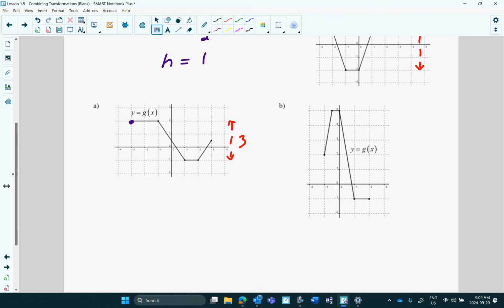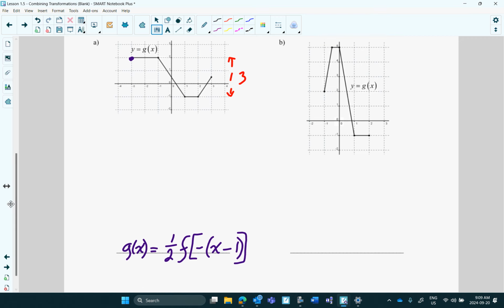I just saved you a ton of work. Thank you. So, and I think it'll work. Because before I used to write what the stretches and flips were, and then I did the transformation, and then I figured out what the shifts were after, and sometimes it got confusing for students. But I think if we try it this way, you'll be in better shape.